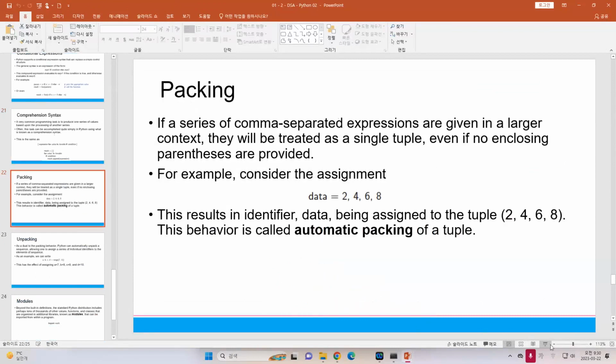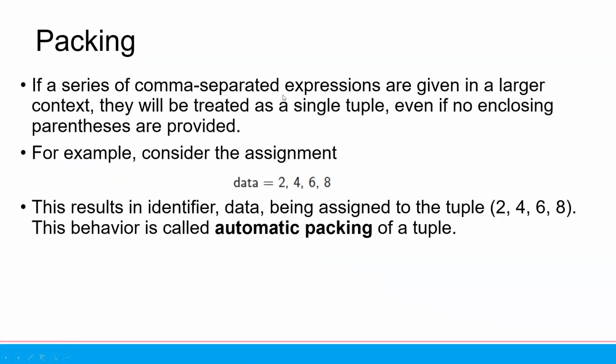For any kind of data, okay, we have the word packing. Packing means it is a series of comma-separated expressions. It will be given when you have some data in a larger context.